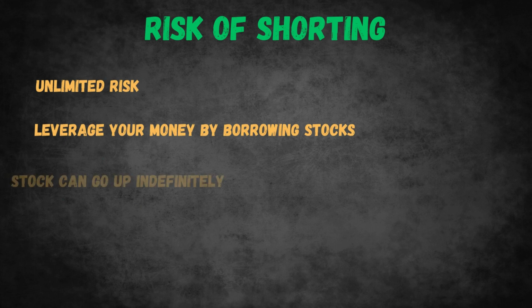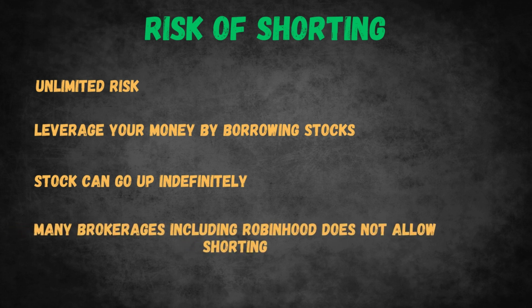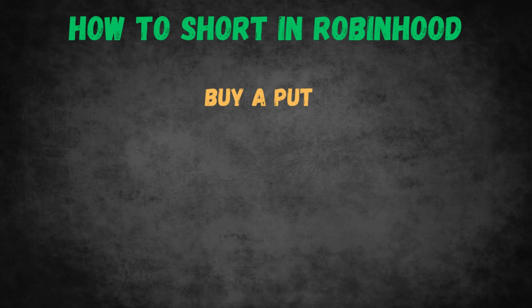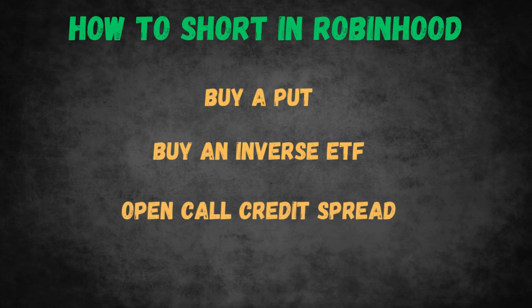A stock can go unlimited up, so there is unlimited loss potential when it comes to shorting a stock. It is a very risky kind of bet. That's why a lot of brokerage firms do not allow this. However, you may find a lot of firms that do allow it, and a lot of people do day trading using shorting, but overall it's a risky bet.